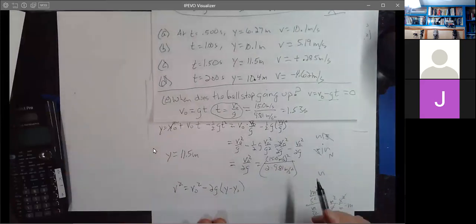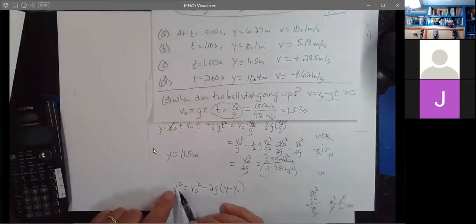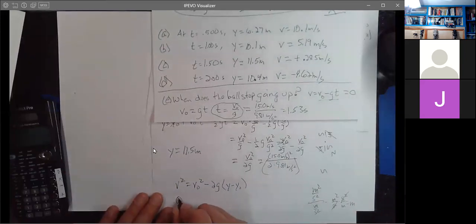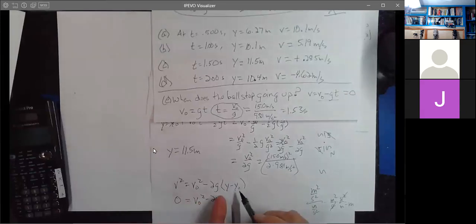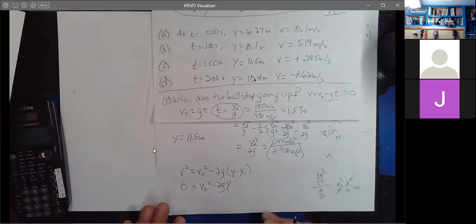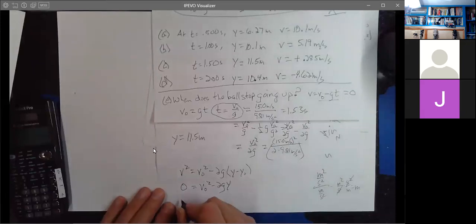Now remember, when it gets to the maximum height, v is going to be 0. And we said that y naught was equal to 0 as well. So this equation turns into 0 equals v naught squared minus 2 times g, and if y naught is 0, this part just becomes 2gy. Kick the 2gy across.